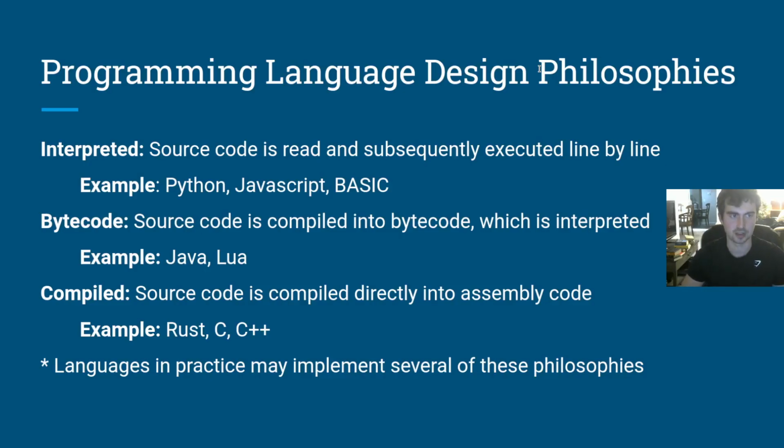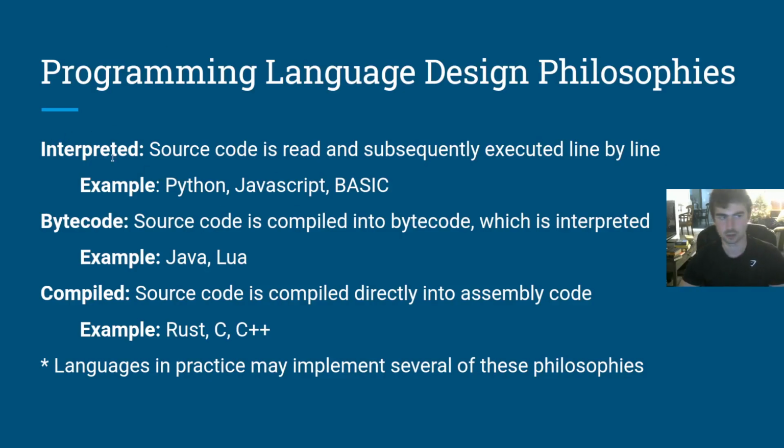One advantage is that it's very easy to write interpreted code, but the disadvantage is, one, it's generally slower than the alternatives, and secondly, you don't always know that there are issues with your code until you run into the issue. Other types of languages will tell you that there's an issue before you run your code, which is good.